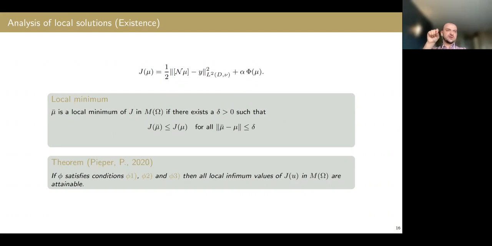We can give a more technical definition of this local infimum, but basically, if you're trying to approximate an infimum value inside some neighborhood, you're going to attain it. You're going to eventually converge to it. So this is the first result: the local infimum values are attainable.